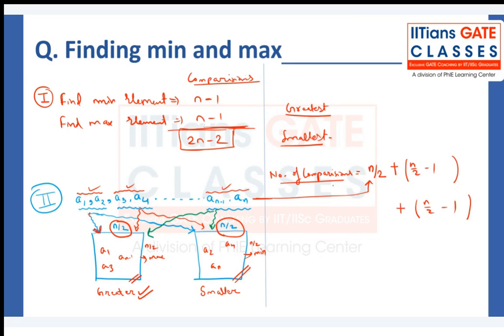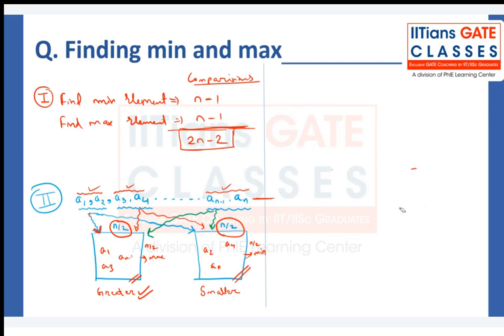So I'll remove this and write it again, since there's a lot of space. The total number of comparisons would be n by 2 for the first step, then n by 2 minus 1 for finding the maximum from the first box, and n by 2 minus 1 for finding the minimum.